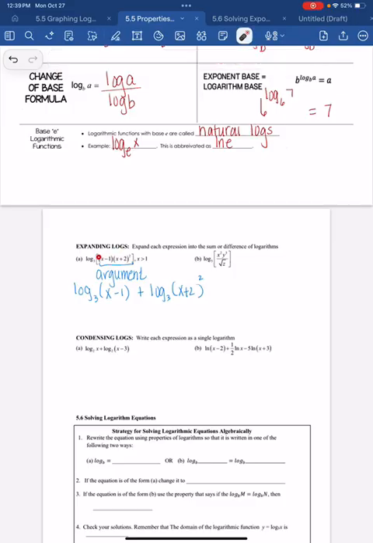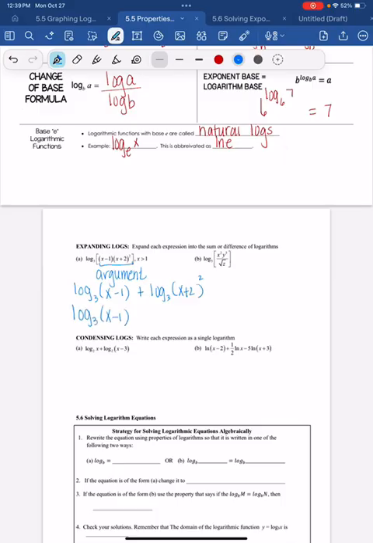The argument was being multiplied, so I separated it using addition. And then I'm going to bring the 2 down in front. So this 2 is going to go down in front. And now you have expanded it into the sum or difference of logs.